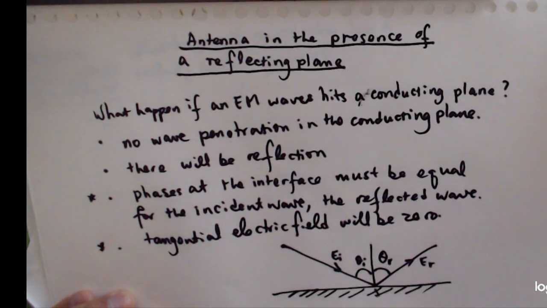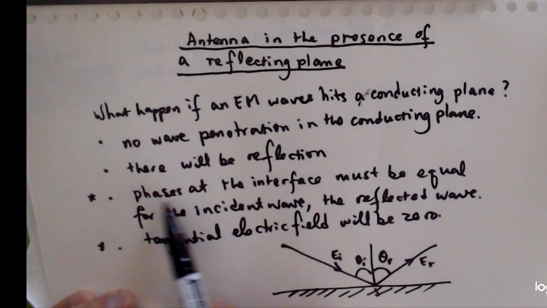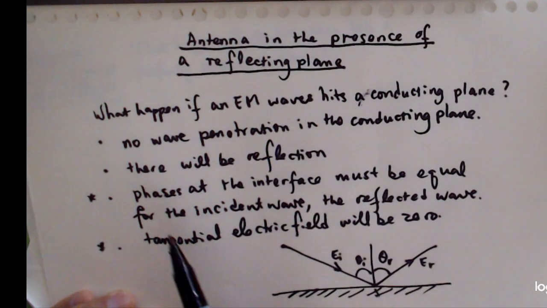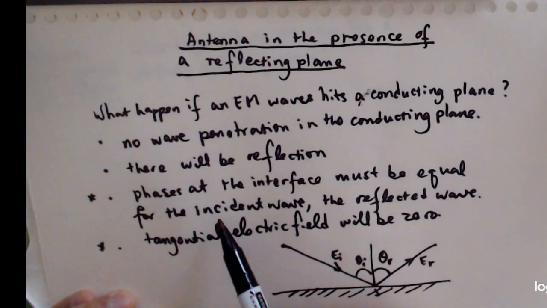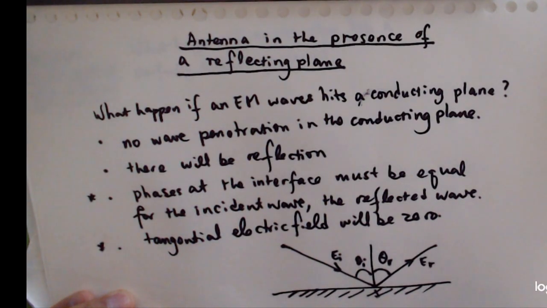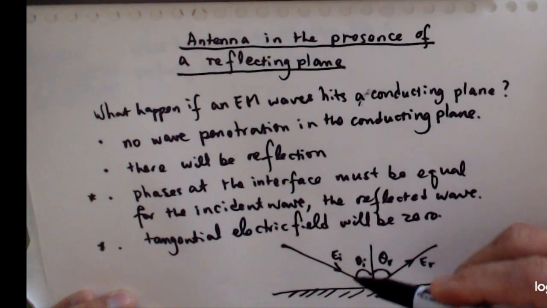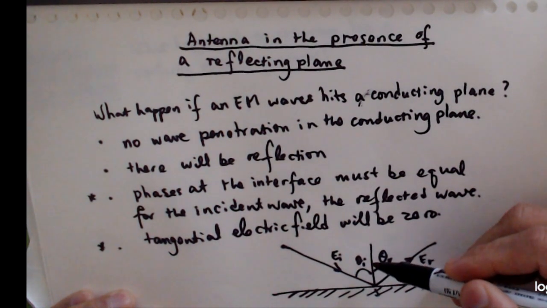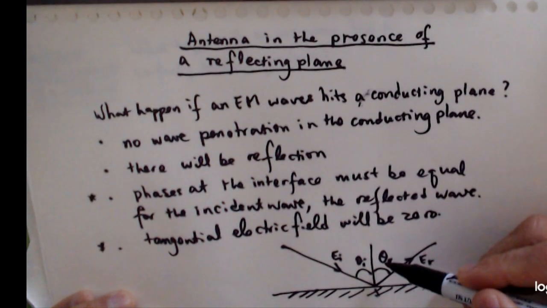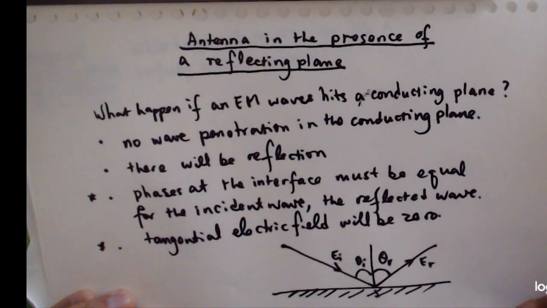That's why the phase at the interface must be equal for the incident wave and reflected wave. And because of this, we have the angle of incidence being equal to the angle of reflection. It's all very well known if you have done high school physics.